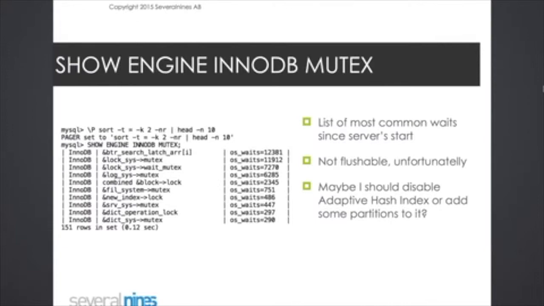And as you can see, the btr search array is pretty high on the list. So it points me in the direction of the InnoDB adaptive hash index. Maybe I should add some arrays to it, or maybe I should try to disable it and see if it helps in my particular workload.